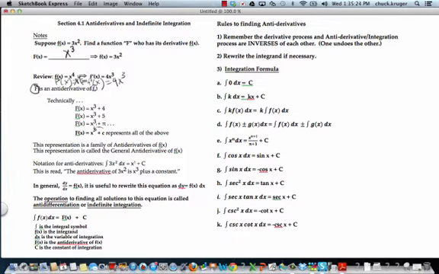Anything in this form is called a family of antiderivatives, or the general antiderivative of f. It's also sometimes called the general solution of f. We'll get to that down the road a little more.